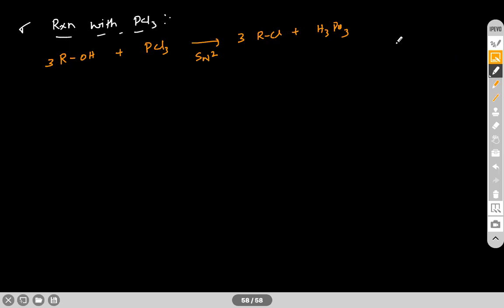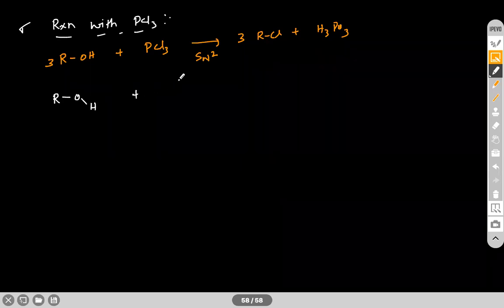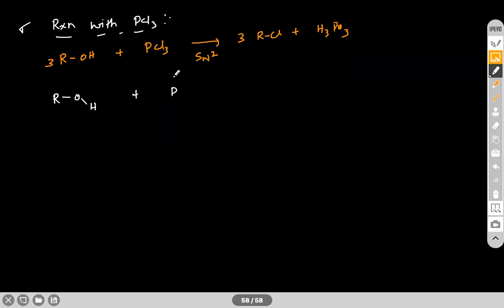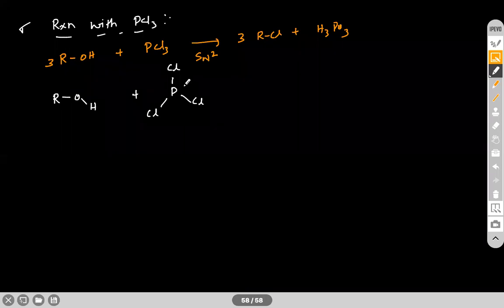Now you see this mechanism here. If you have ROH plus PCl3, there is a vacant orbital on phosphorus.